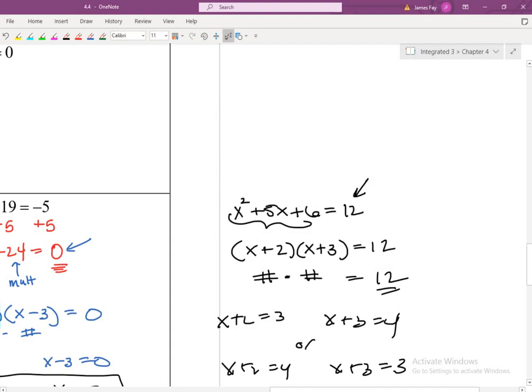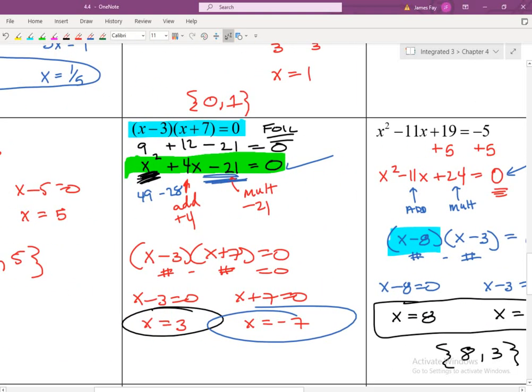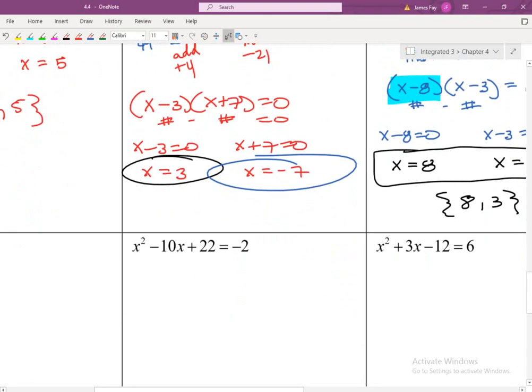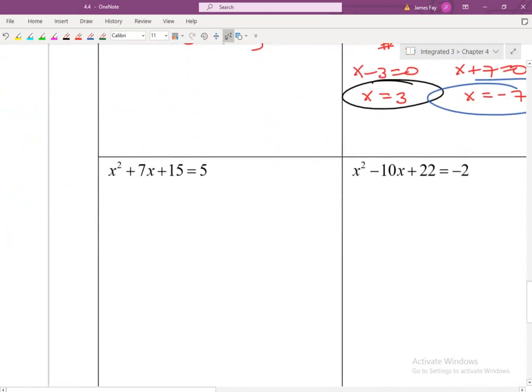But it's going to be very hard to find those 2 by leaving that to be 12. Does that make sense to everybody? So we have to turn that into a 0, and then factor what is left over here. That is why we have to make it a 0, because it narrows our field of view on which whole numbers we're going to work with.